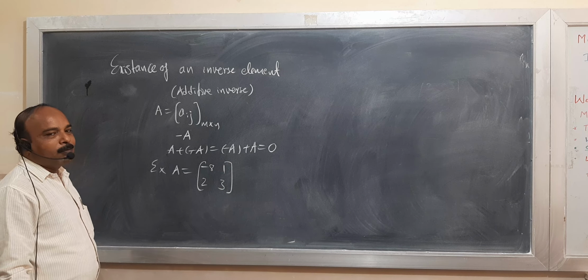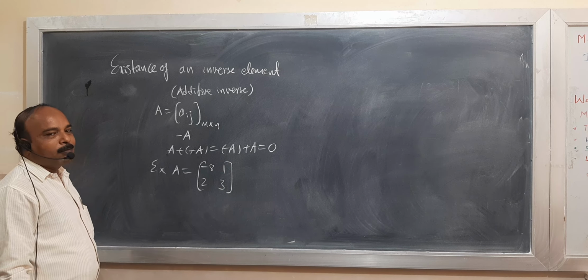Now we find the inverse of this matrix, that is minus A equal to minus 1 times A. As you know, the negative of the matrix is defined by minus 1 times A. So here minus 1 times A is given as minus 1 times minus 8, 1, 2, 3.